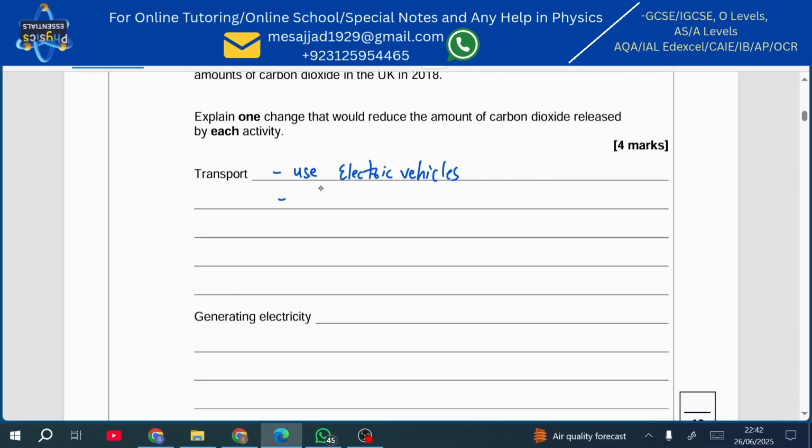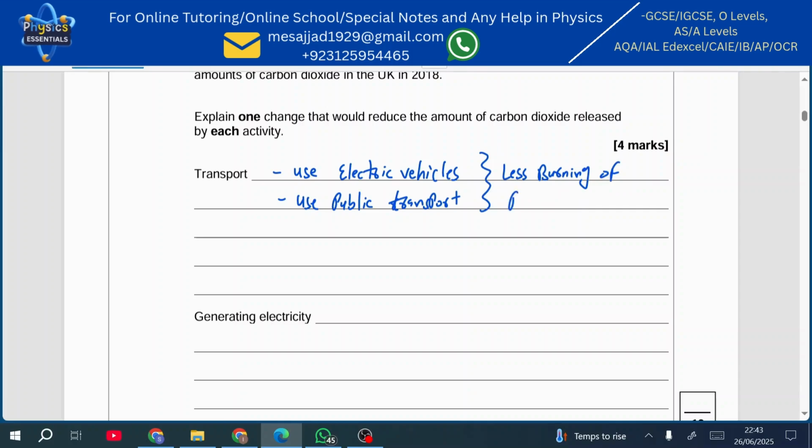Okay, so you should use electric vehicles, and you should use public transport, as it will mean less burning of fossil fuels, due to which there is less CO2 generation.